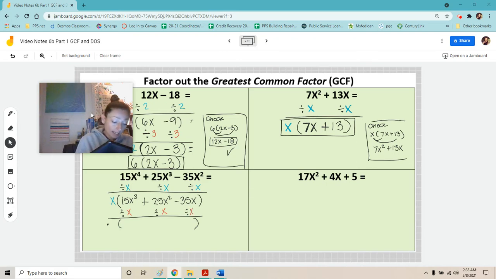So on the outside here, I have the x that I'm dividing by now and that original x that I divided by. So these are all just going to reduce by one exponent. That's what happens when we divide by an x. So that's going to be a 15x squared. 25x squared divided by x is going to be a 25x. And negative 35x divided by x is going to be just negative 35.